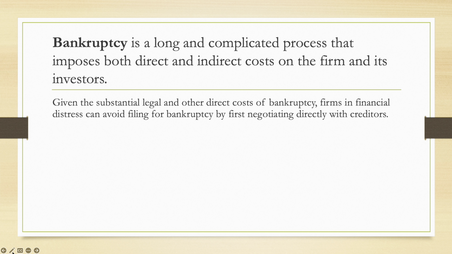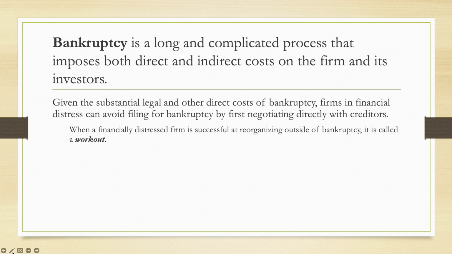Given the substantial legal and other direct costs of bankruptcy, firms in financial distress can avoid filing for bankruptcy by first negotiating directly with creditors. When a financially distressed firm is successful at reorganizing outside of bankruptcy, it is called a workout.